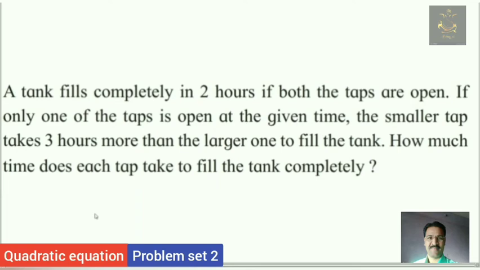Now how much time does each tap take to fill the tank completely? Separately we have to find. Now it is very important. There are 2 taps. One is smaller, the other is larger. The smaller one depends upon the larger, so that larger tap we have to suppose here.